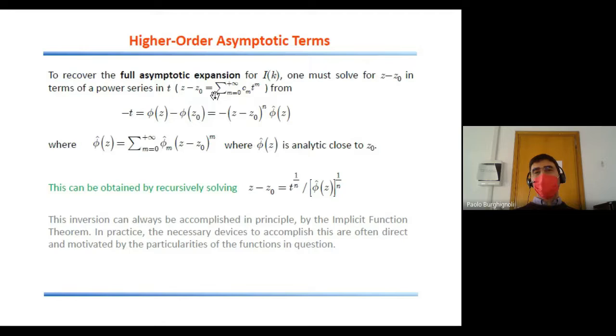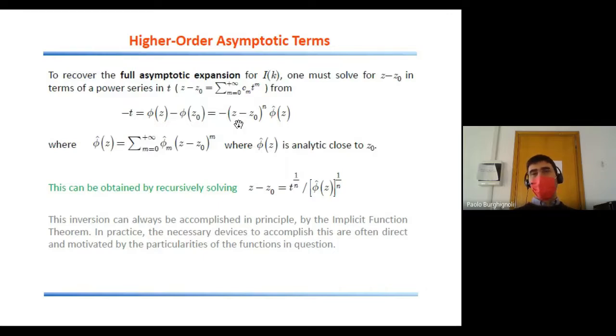And in order to recover that, you start from the definition of the new integration variable, minus t, which is equal to phi of z minus phi of z0. That is, given the local behavior of the function phi, as the power (z minus z0) to the nth power times some analytic function phi hat of z, where phi hat has its Taylor representation, in which you have all the terms from the term 0 up to infinity, since phi hat is analytic close to z0 and it is non-zero at the saddle point.